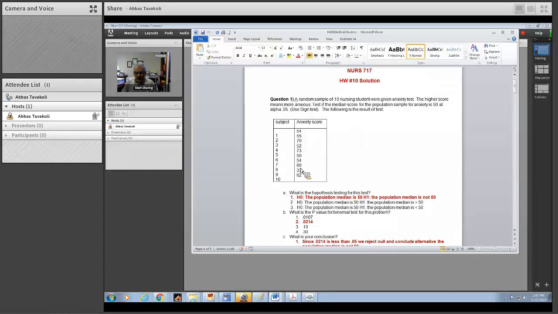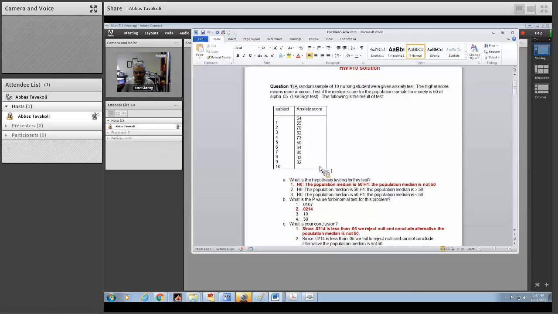We have 10 subjects. The anxiety score was listed for each subject. The question I asked was, first of all, the higher score means more anxiety. We want to test if the median score for the population sample for anxiety is 50 at alpha 0.05.